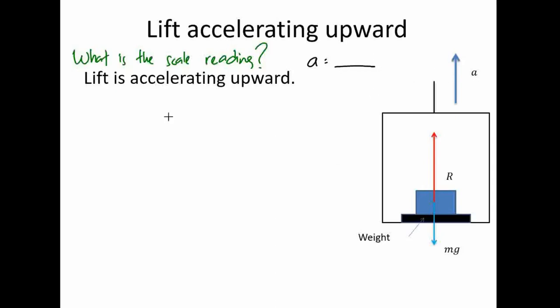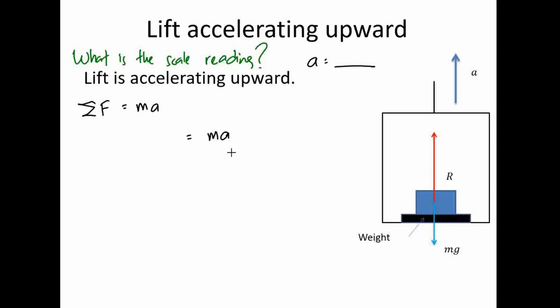As usual, we want to apply this formula. The sum of all forces must be equal to ma. Consider our lift is accelerating upward, so our right hand side cannot be equal to 0. So everything on our right hand side must be equal to ma.